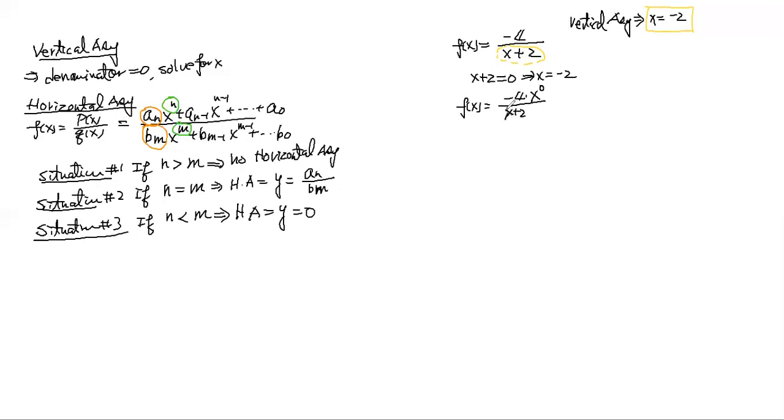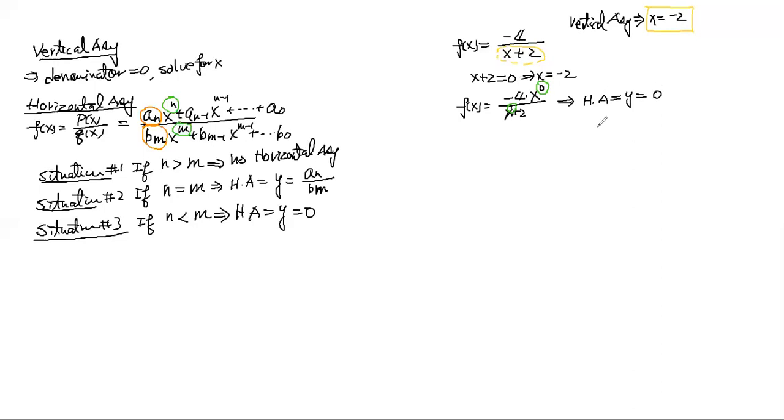The x plus 2 is to the 1 power. Now if you compare the highest degrees, this is 0, this is 1. So the bottom is going a lot faster. Based on my rule, my horizontal asymptote will be y equals 0.